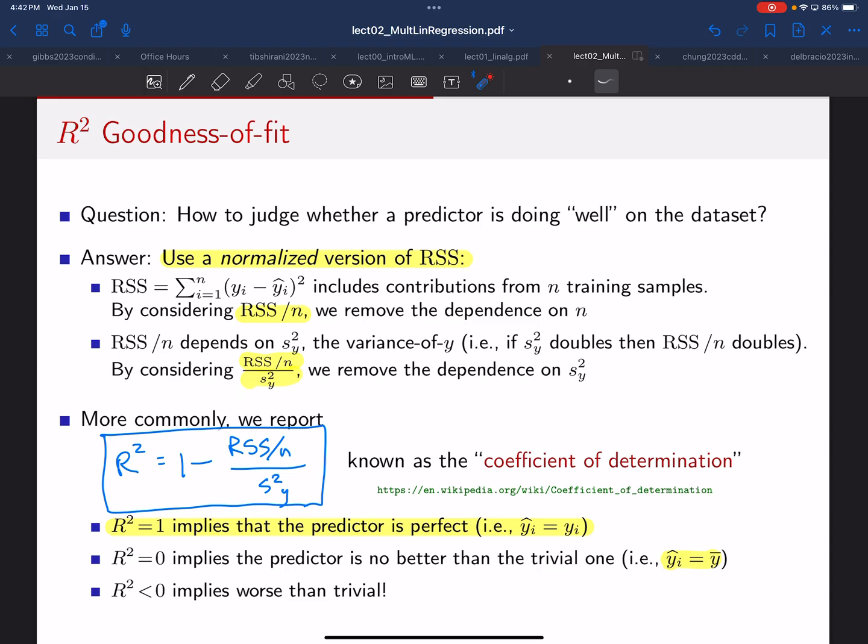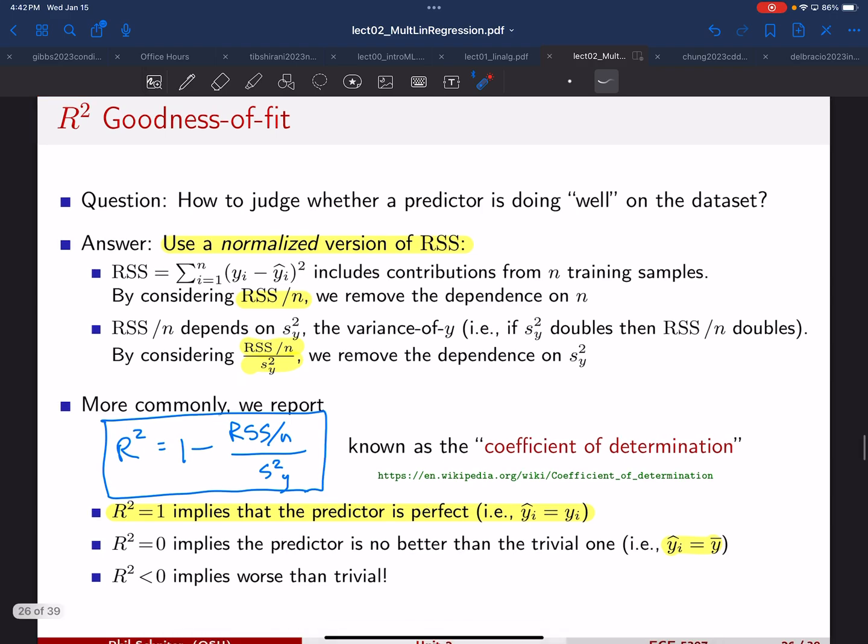And so if RSS is n times the variance, so we have n s squared y, you can see the s squared y's cancel, the n's cancel, and you just get 1 minus 1, which is 0. So that is basically a predictor where the features are somehow useless. Maybe somebody generated completely useless features, no good for prediction. R squared equals 0 describes what you would expect to see.